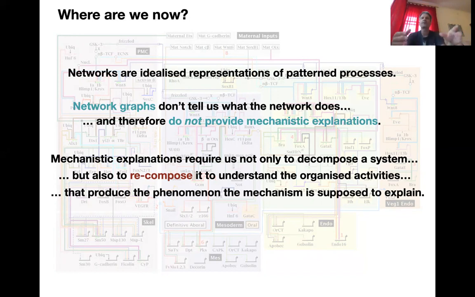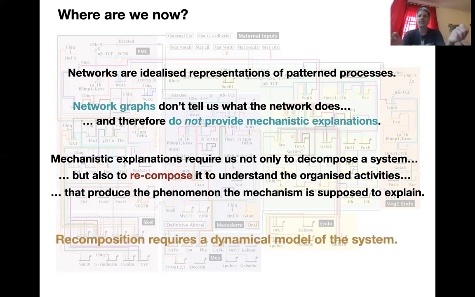So counterintuitively, giving a mechanistic explanation, especially in development, is not just to take a developmental system apart, but also to put it together again, to not only identify those components that are necessary, but also show that the interactions and the components that we have are sufficient to explain the phenomenon that we're studying.